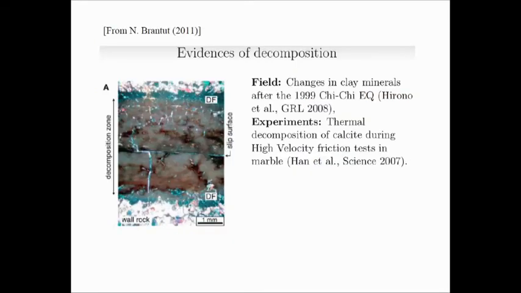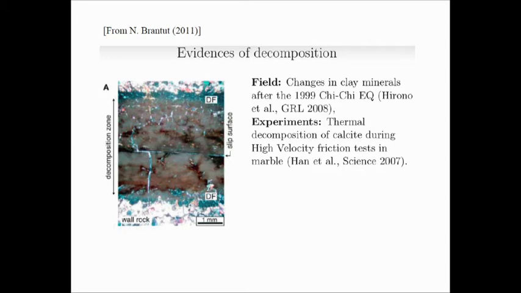Now, what are the evidences that this actually happens, this thermal decomposition? Well, one directly from the field, there's a region around the Chi-Chi rupture zone, the Taiwan rupture of 1999, which is simply depleted of carbides, whereas the adjoining gouge does have a concentration of carbide particles in it.